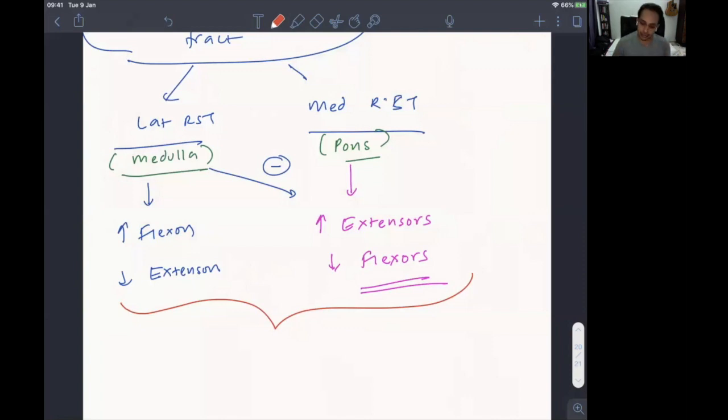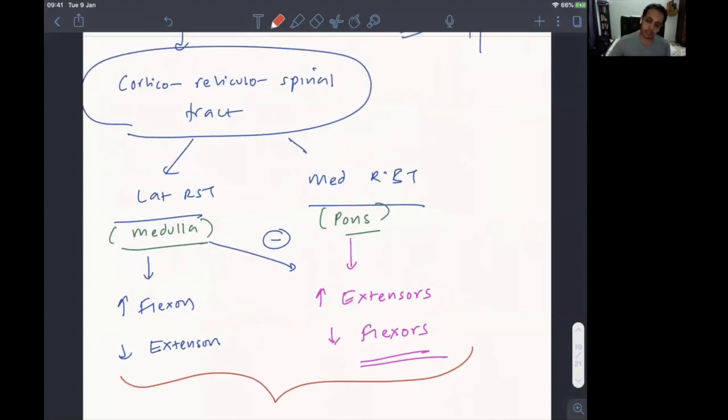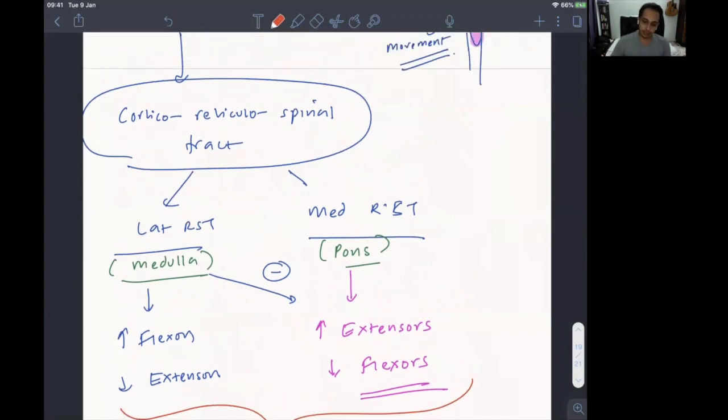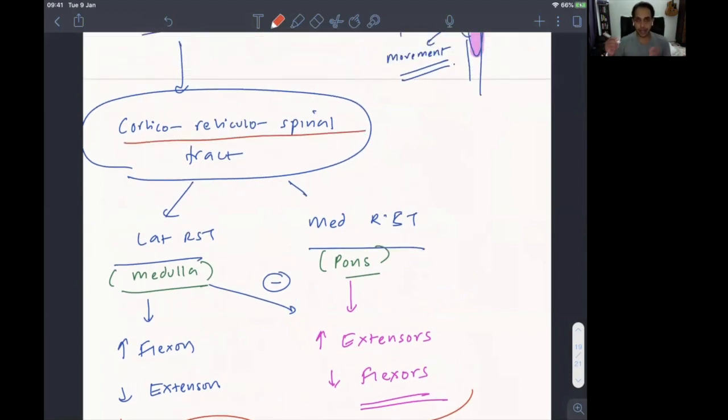So in a cycle, this whole system is carried out by the reticulospinal. And in the backdrop of the reticulospinal, your vestibulospinal keeps your balance. So while you're walking, the continuous forward and backward movement is done by your cortico-reticulospinal tract, and your balance is maintained by your vestibulospinal. So these are the two aspects of gait.